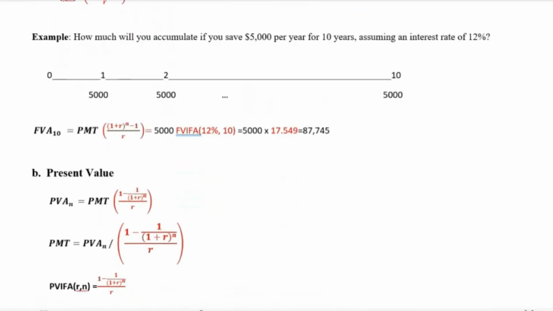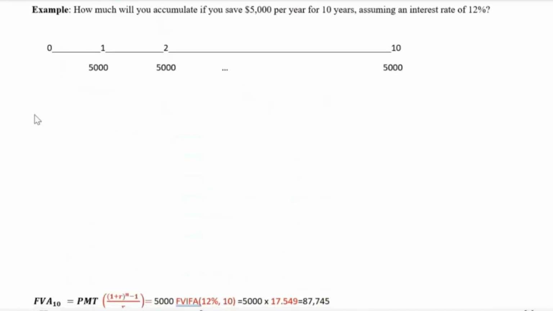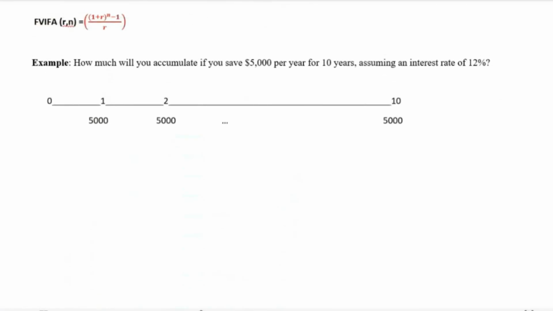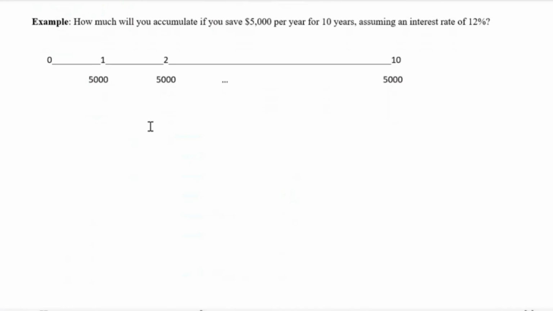For example, instead of a lump sum to accumulate $80,000, you decide to save $5,000 every year for the next 10 years. How much will you accumulate? Well, is this enough for your daughter to go to college? Assume you can earn 12% every year.